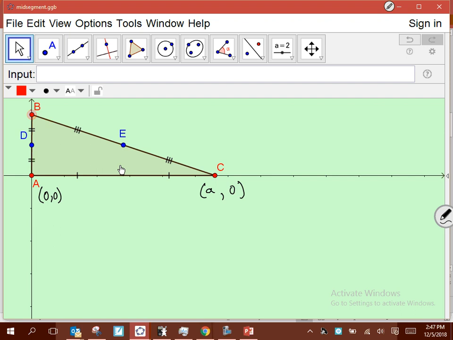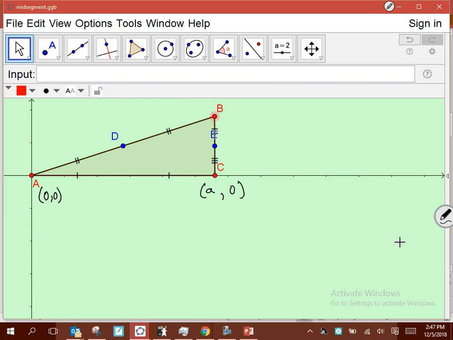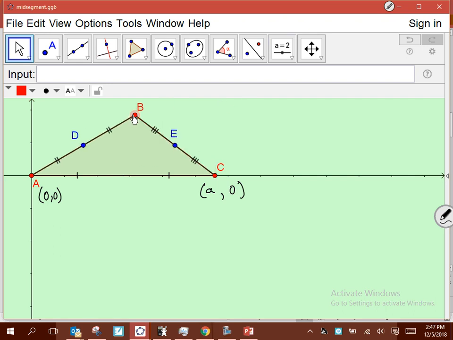What if I put B right there? What would the x-coordinate of B be? It'd have to be A, right? Because it's on the same vertical line that point C is on, so they have to have the same x-coordinate. And the x-coordinate for C is A, so B would have the x-coordinate of A. Now, think about what we would have for the x-coordinate if B is right there.